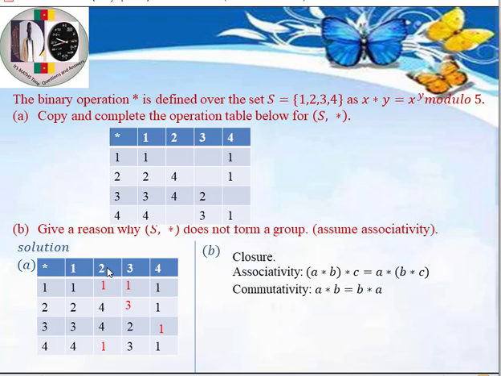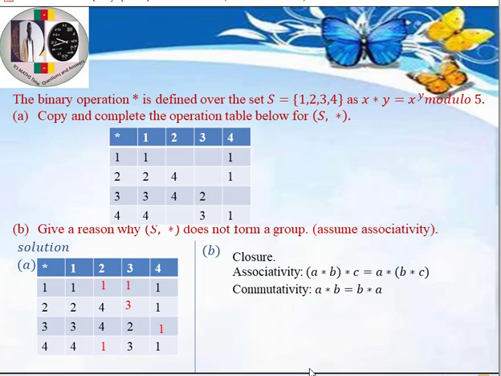So 1 star 2 is 1, should be able to give us 2 star 1, which is not 1. So we say this set is not commutative under the operation star. For instance, if we want to see that something is commutative, let me bring up a group that is commutative.